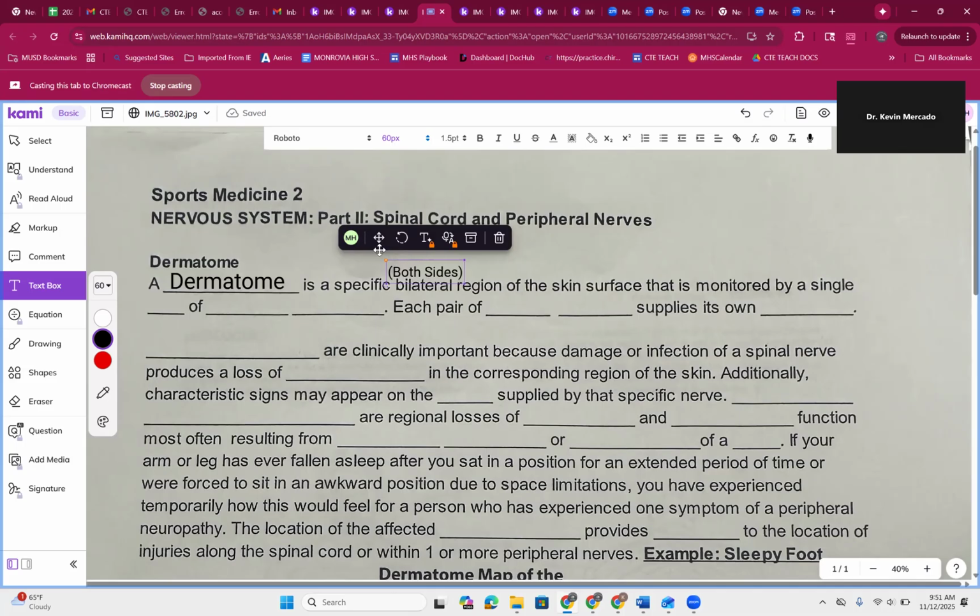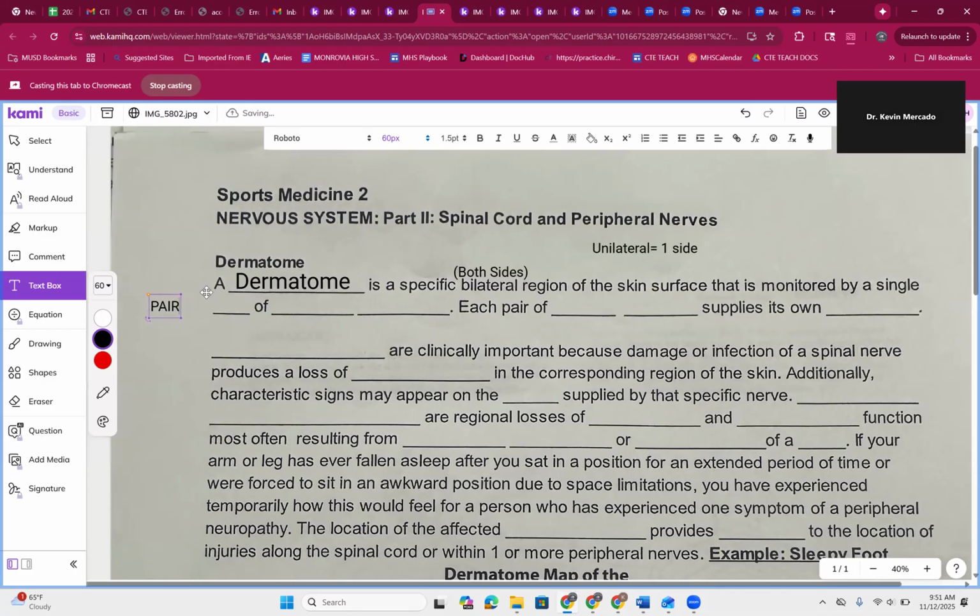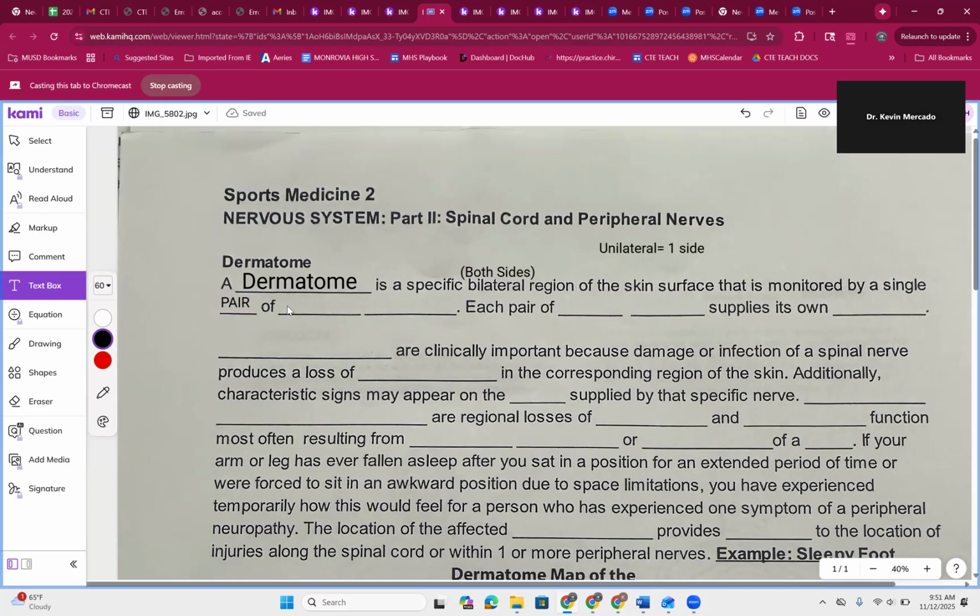Unilateral, good. Yes, so bilateral, both sides. Unilateral equals one side. Okay, so a dermatome is a specific bilateral region of the skin surface monitored by a single pair of spinal nerves.